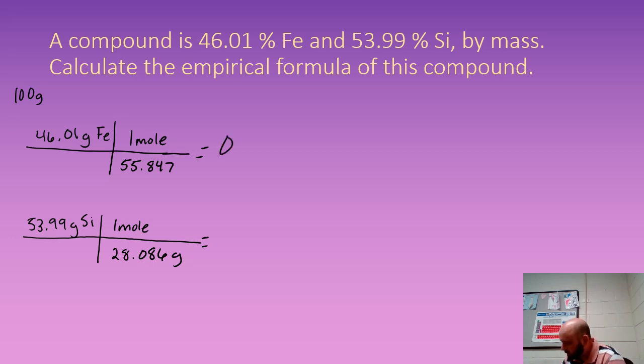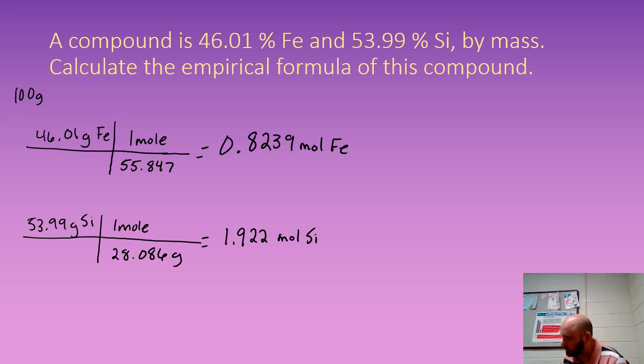So I have approximately 0.8239 moles of iron in my 100-gram sample, and I would have about 1.92 moles of silicon in my 100-gram sample.